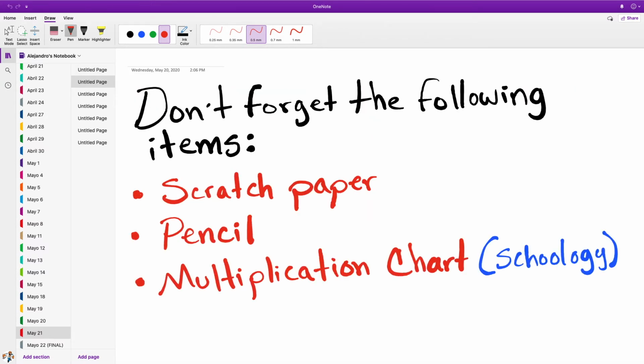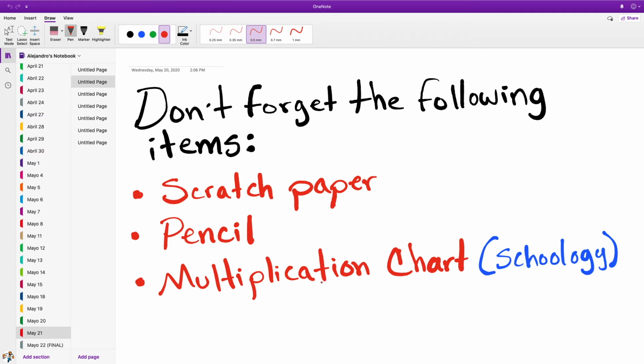Oh, okay, but don't forget the following items. You can do it right now if you want. If you prefer just to watch me do this, it's okay. But you are going to need the following items for the test. You are going to need scratch paper, a pencil, and the multiplication chart. I think only the last one is optional.